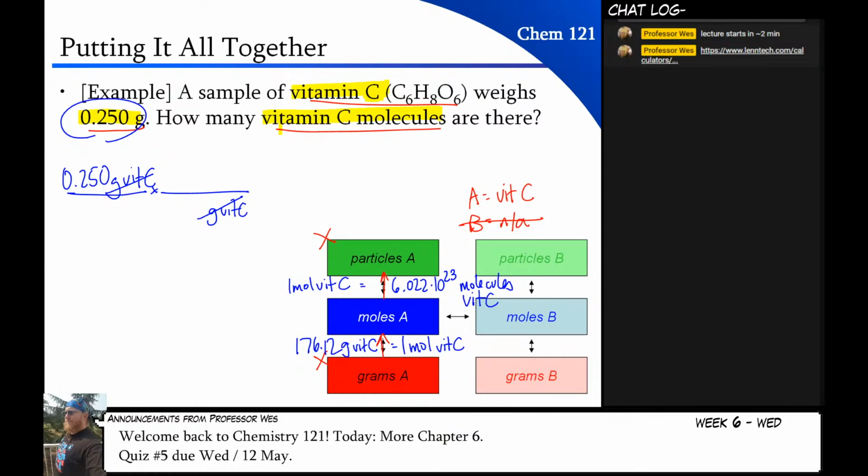We're going to turn that into moles of vitamin C. And then I'm going to cancel out that unit with something. Let's put that there. We're going to turn that into, we'll go from moles to particles. In this case, we're working with a molecule, so I'm just going to call it that. But if you want to write particles of vitamin C, that works too. It doesn't matter.